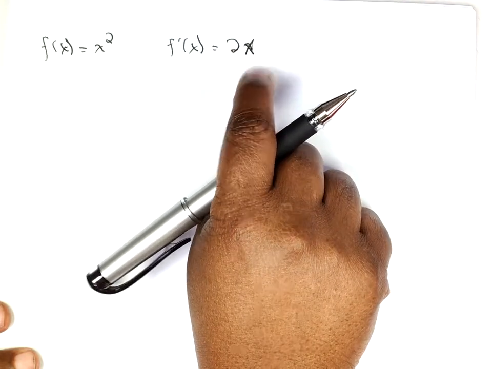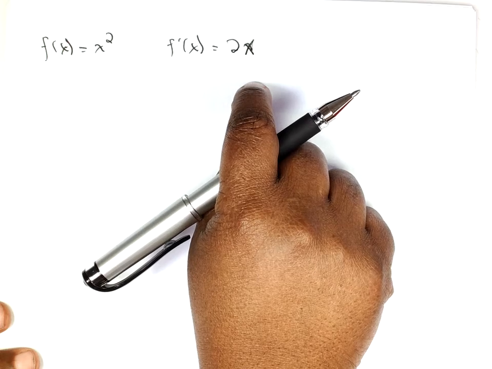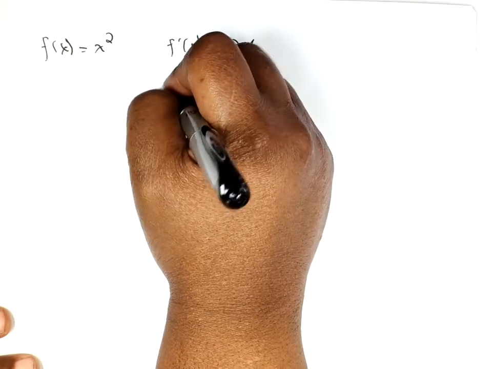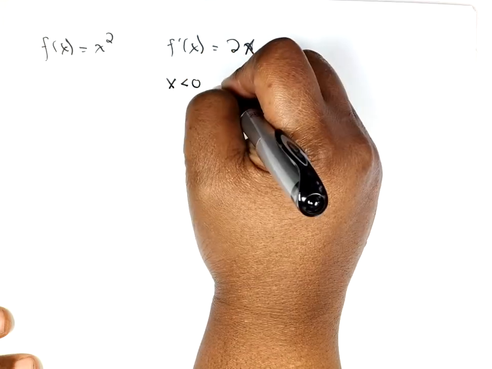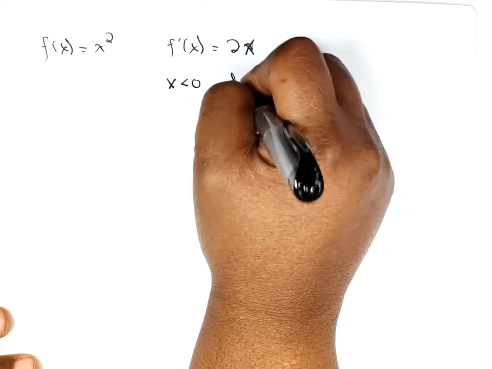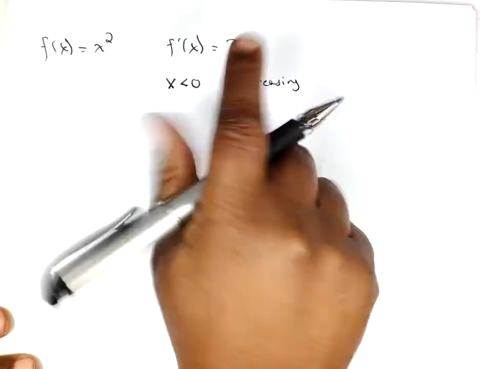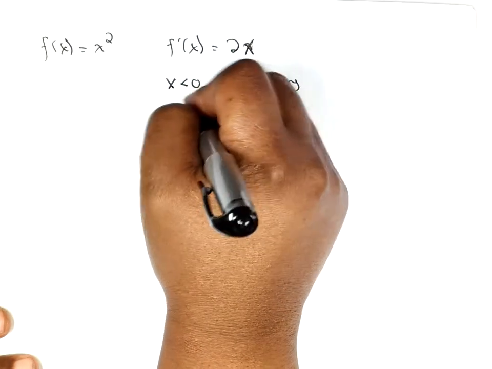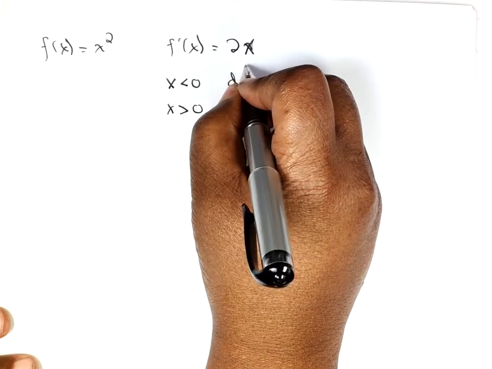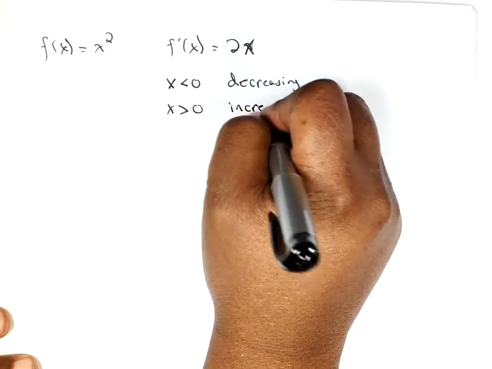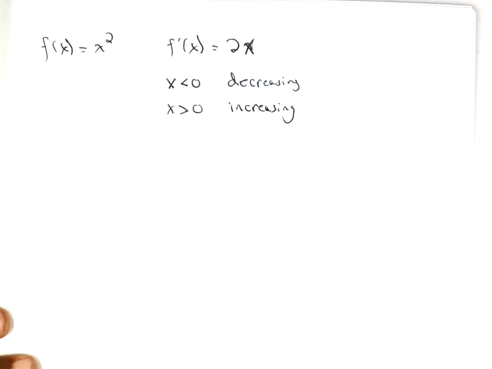If I plug in a positive value in here, I get something that's positive. So if I have x less than 0, that's going to be decreasing because I get a negative value. And x greater than 0, when I plug in something like 1 or 2, I get something positive. So it's increasing on that interval.